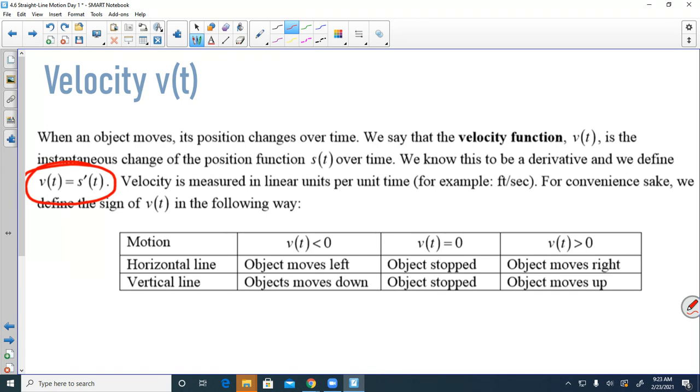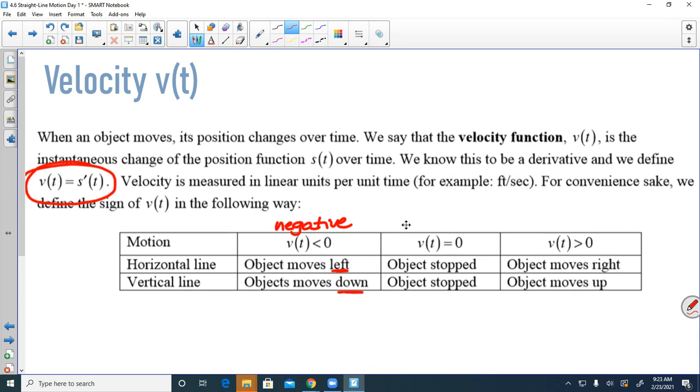That's cool. Velocity is measured in linear units per time, so you'll see feet per second, and then you'll also be given a sign of velocity. So if velocity is negative, less than 0, that means the object is either moving to the left or down. So if it's horizontal motion, negative velocity would indicate to the left. Vertical would indicate down.